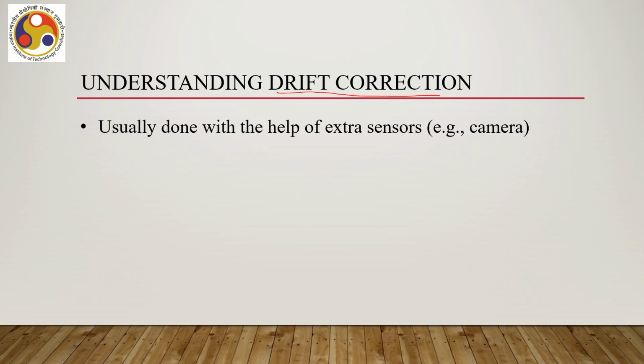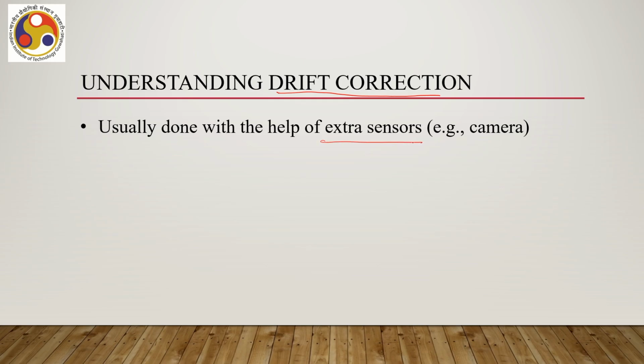Next, and the final part, is drift correction. Drift correction, if you may recollect, is basically compensating for the errors in estimation between the real and actual value. Note that this drift correction is usually done with the help of extra sensors.